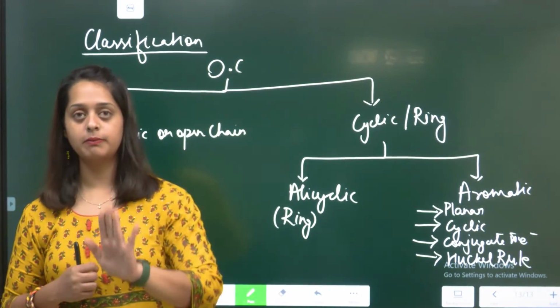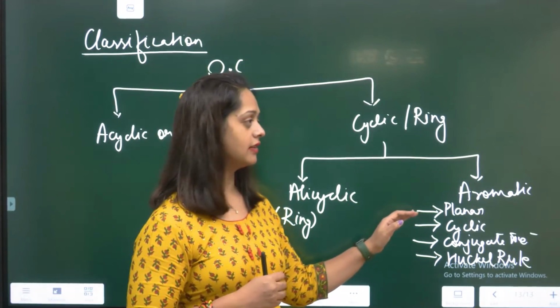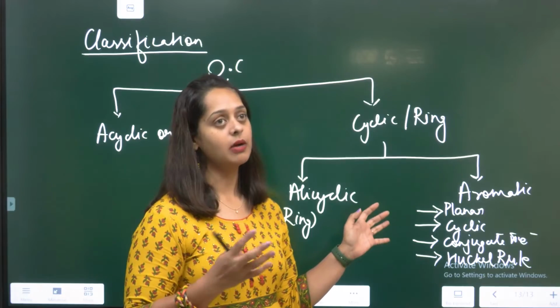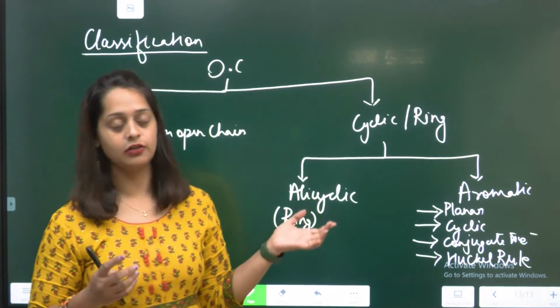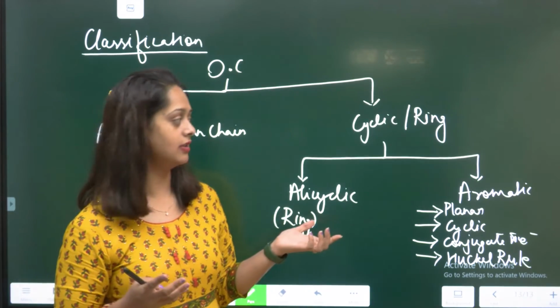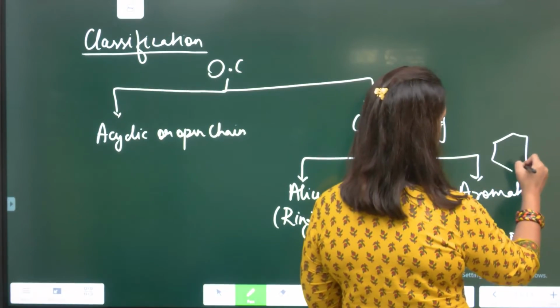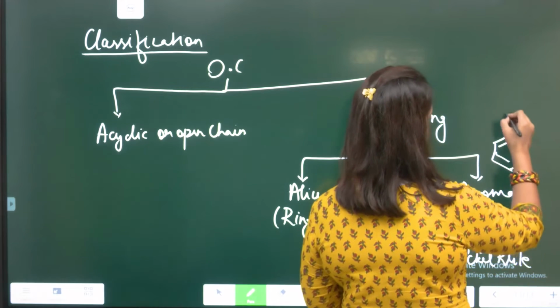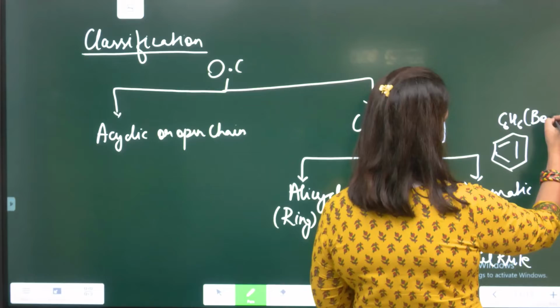In order for a compound to be aromatic, it needs to be planar in structure, and the double bonds present generally give planar structures, like we saw in sp2 hybridization. One of the famous examples of an aromatic compound is C6H6, that is your benzene ring.